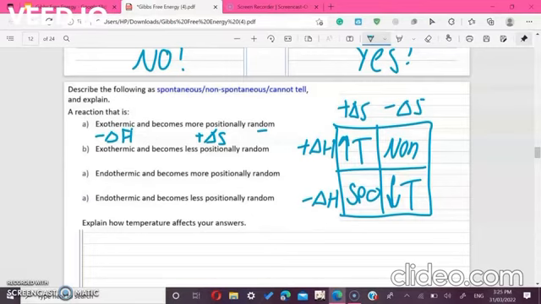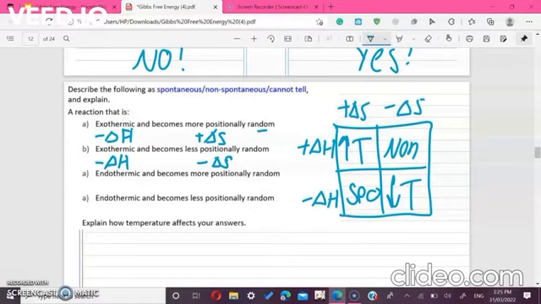Now B, exothermic, so negative delta H, becomes less random, so negative delta S. Delta H and delta S share the same sign, so here we cannot determine whether the reaction will be spontaneous or non-spontaneous. We have to have the temperature, and temperature is not given, so we write cannot tell.